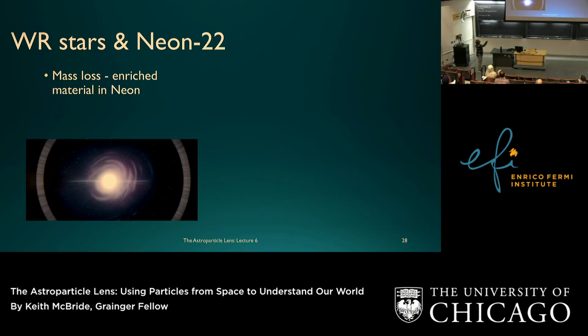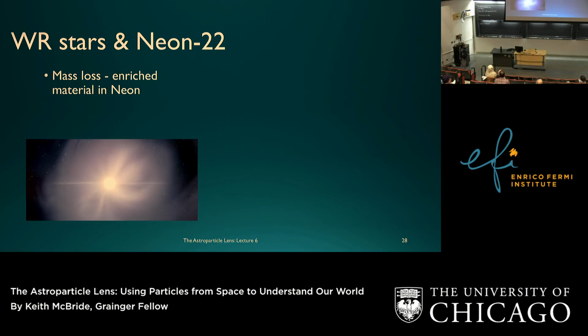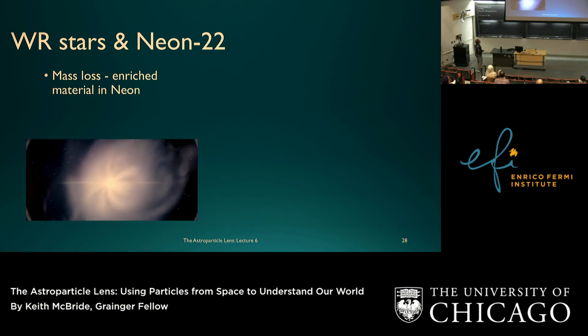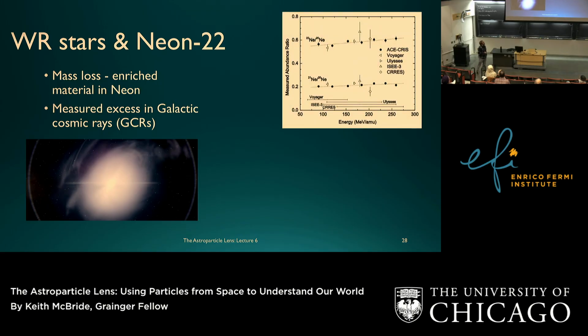And so the animation down here shows you a Wolf-Rayet star shedding its outer shell in this mass loss of stellar wind, right? It can reach up to 3,000 kilometers per second, apparently, in these stellar winds. It's magnificent.